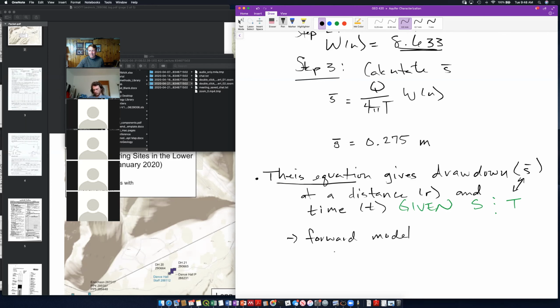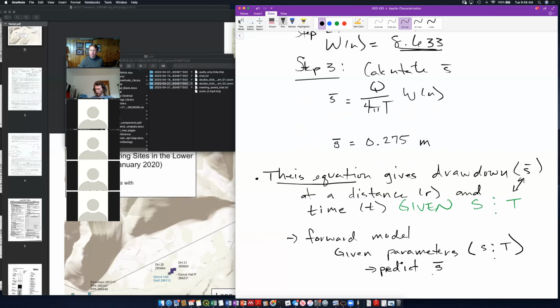And the basic idea is, given parameters, all right, in this case S and T, predict drawdown.